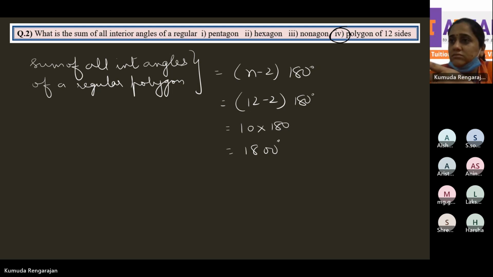Correct, children? So even if it is regular, how many sides does this polygon have? 12 sides. What will be the measure of each angle? 1800 divided by 12, because it's a regular polygon and all the angles are equal.